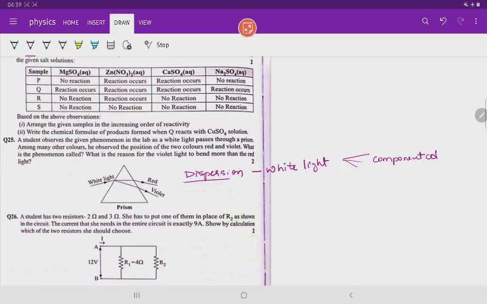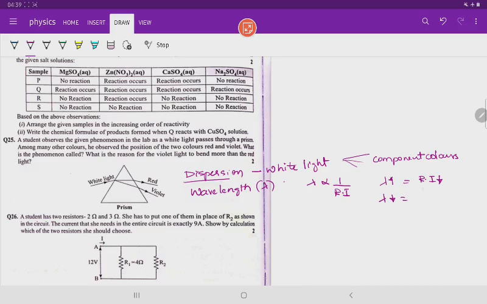White light is made up of many colors. The reason for the bending of light is wavelength. We know wavelength, lambda, is inversely proportional to refractive index. So the more the wavelength, the less the refractive index.